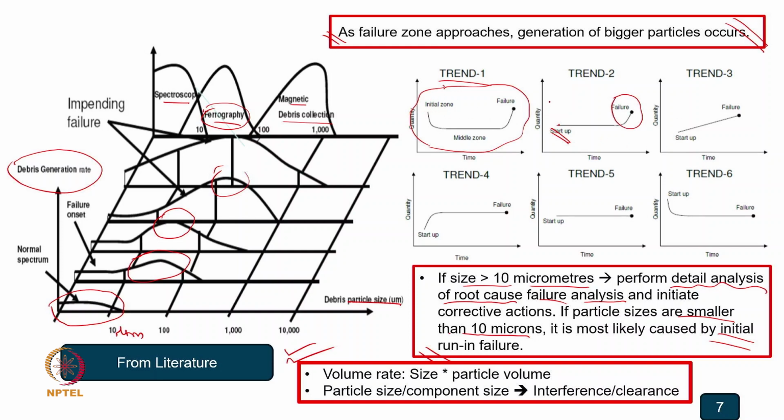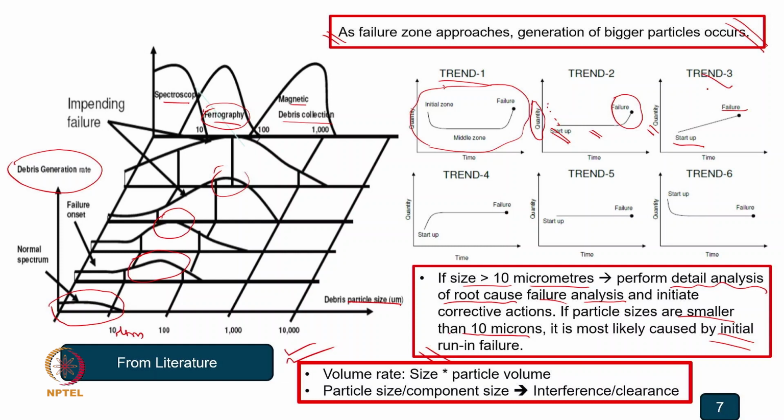So the initial zone is completely missing in this case. That's the second trend. The third trend is that maybe we never reach a stationary level. You can see here that the quantity is not a rate, the quantity continuously increases. It does not remain constant at one level. So it starts and fails in this manner. So this is another trend.